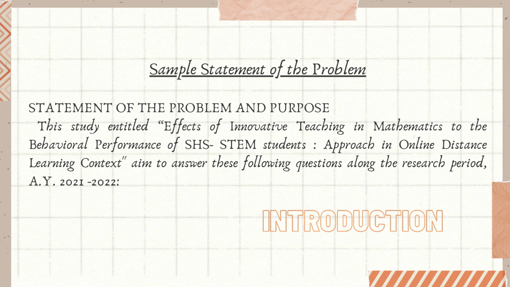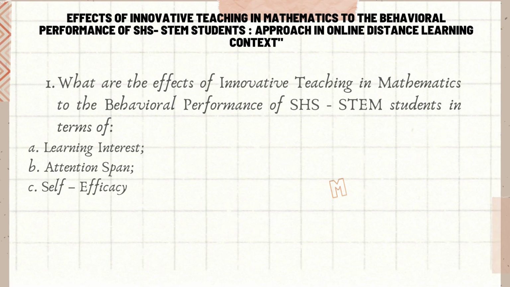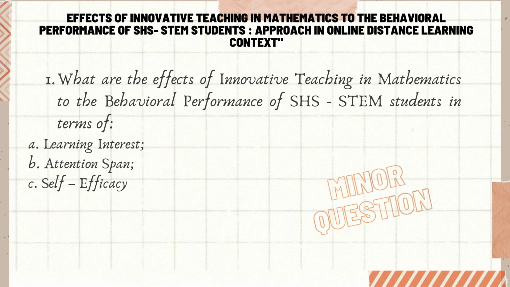Okay, as you can see, this is the introduction of the statement of the problem. Okay, we introduce the research title, it is very clear, 'di ba? So now let's see those questions. Okay, those questions under our statement of the problem.